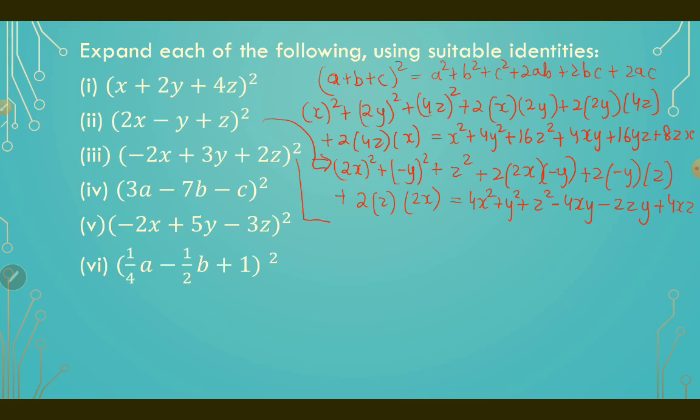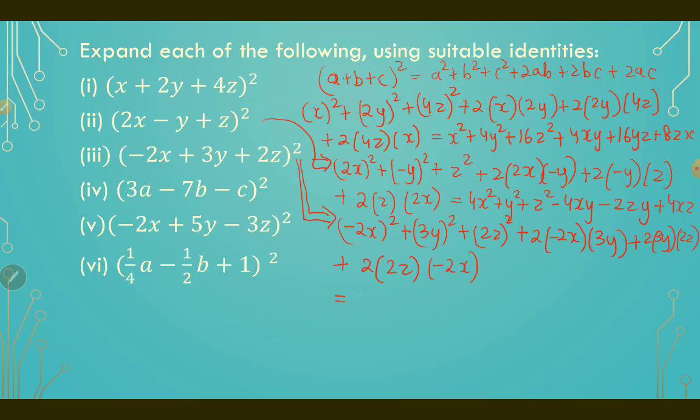The third one is also the same identity. (Minus 2x) the whole square plus (3y) the whole square plus (2z) the whole square plus 2 into minus 2x into 3y plus 2 into 3y into 2z plus 2 into 2z into minus 2x.